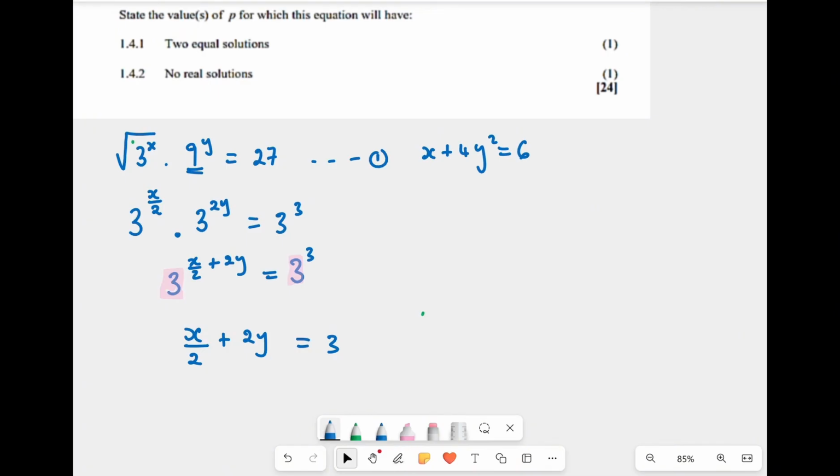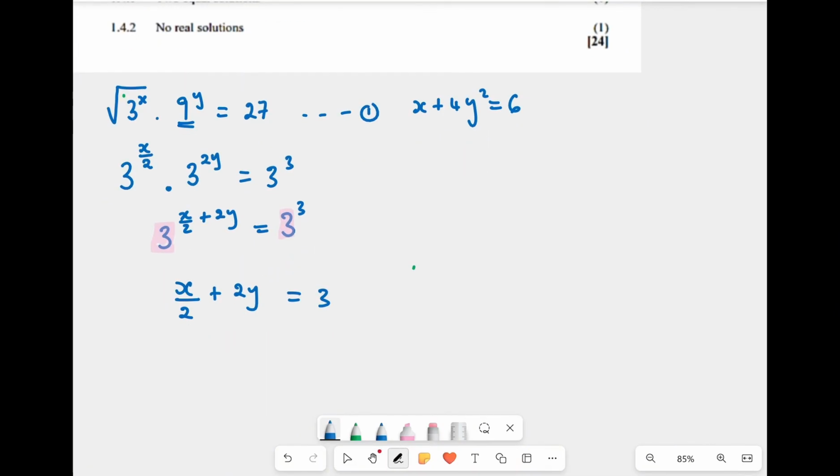Then we can multiply everything by 2. If I multiply everything by 2, I'm going to have x plus 4y is equal to 6. I have multiplied everything by 2.